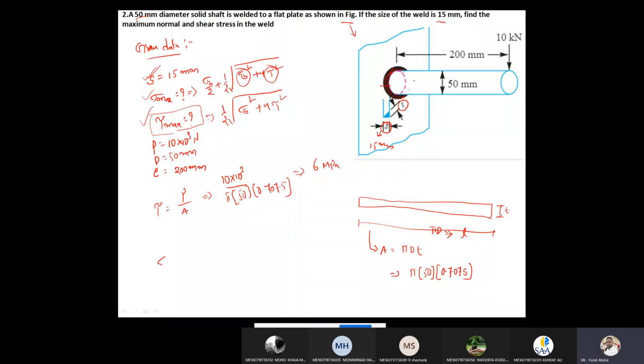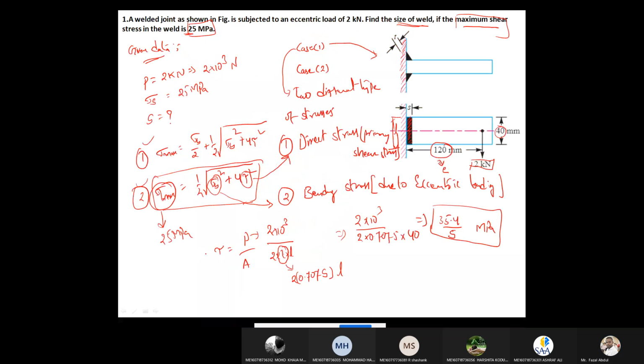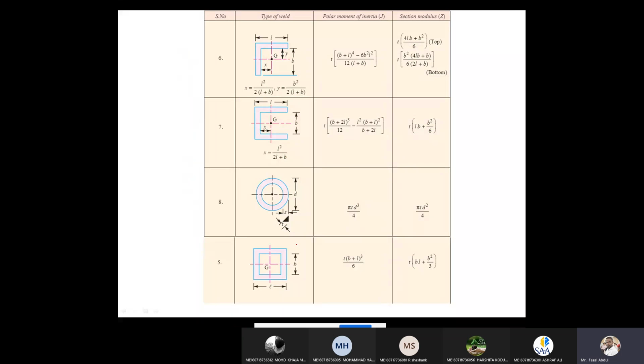Now bending stress we need to calculate. Bending stress is M by Z. Z value, how much? The Z value we have to take from the table. See this table, Z value is pi t into d square. So this kind of shape is appearing in the question, the cross section of the welded portion. This is the throat thickness, this is the size of the weld, and this is the diameter.